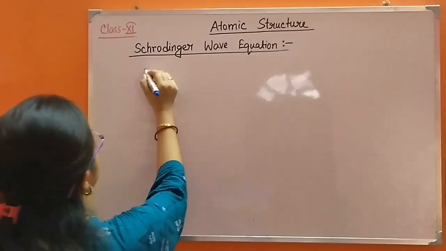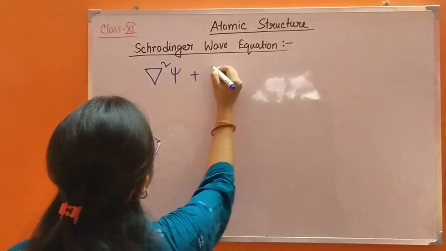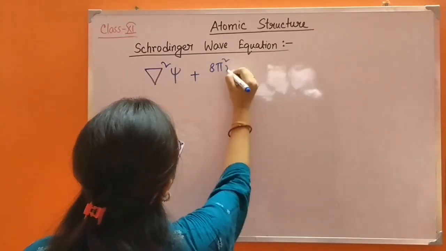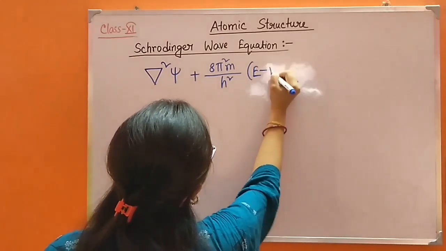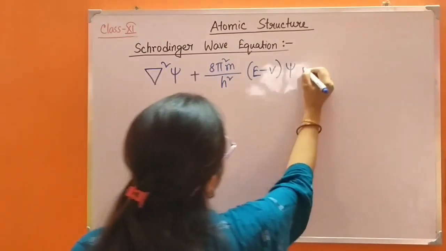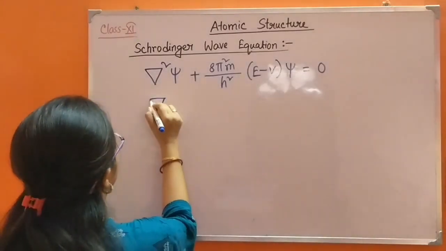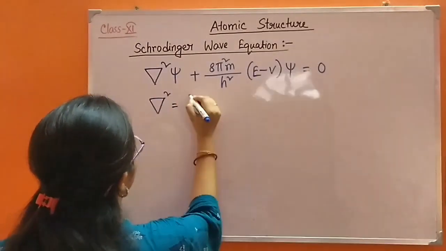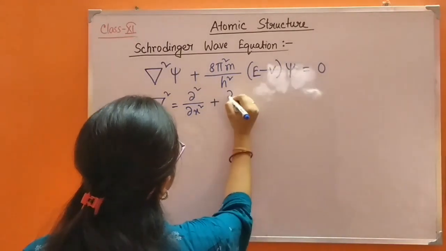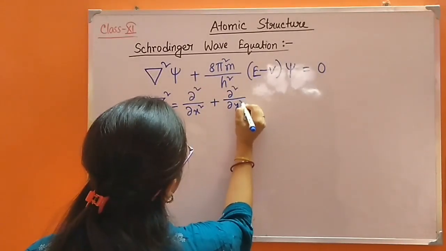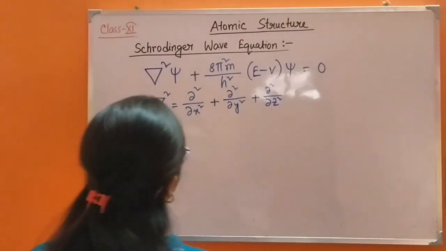This equation is del square psi plus 8 pi square m by h square into E minus V into psi equals 0. Here, del square equals del 2 by del x square plus del 2 by del y square plus del 2 by del z square.